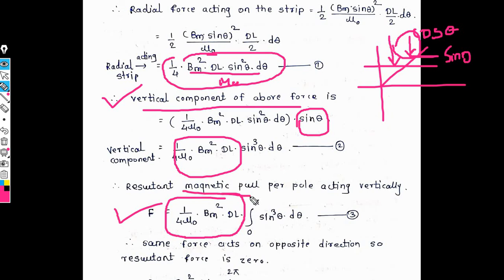Magnetic pull condition means the condition in which we have to calculate forces, in which the magnetic field gets balanced. This is called the magnetic pull condition. Then we have to calculate resultant forces in magnetic pull condition.